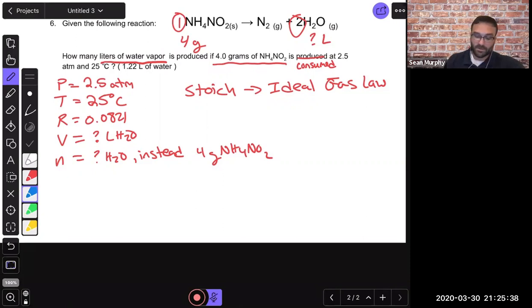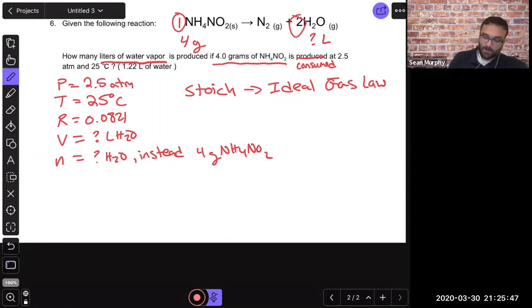And once we find our moles of water, then we can plug it in the formula and solve for our liters. So this is what we're focusing on right now, so that later on we can plug and chug and solve for liters. Remember, because you can't use 22.4. It's not at STP. It's at a different pressure and temperature.